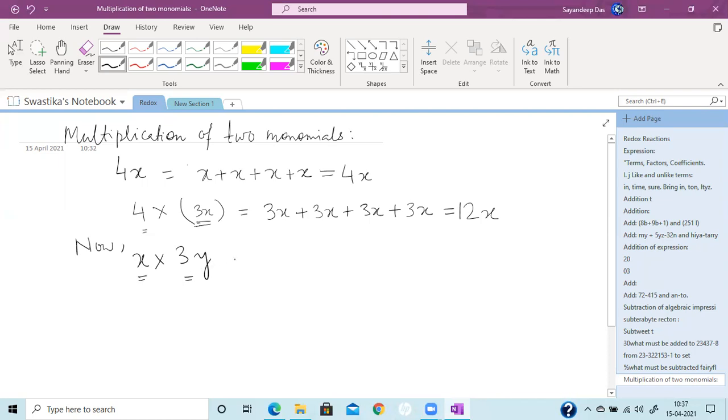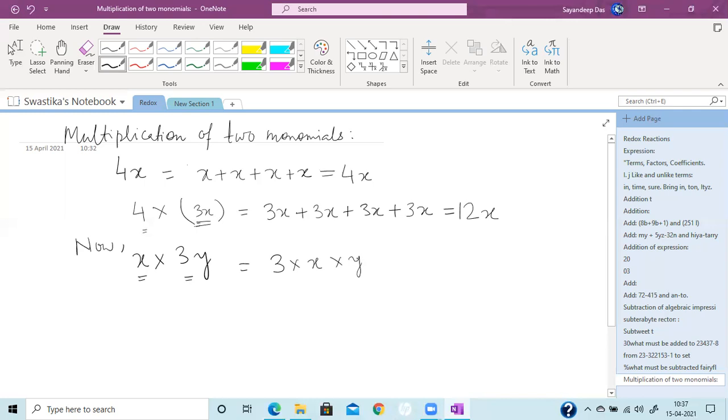So I can write it like this. Take the number, which is only 3, because x is multiplied by 1. So 1 into 3 is equal to 3 into x into y.